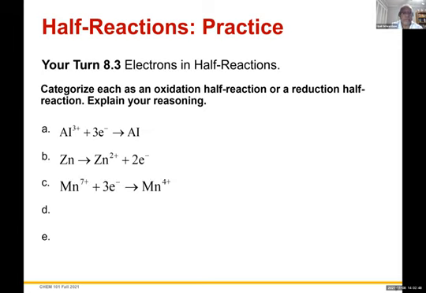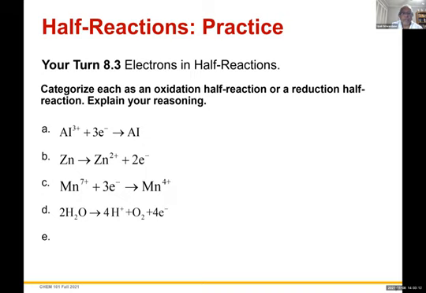So this is reduction. Manganese 7+ plus 3 electrons goes to manganese 4+. Water also breaks up into oxygen, releasing 4 electrons.